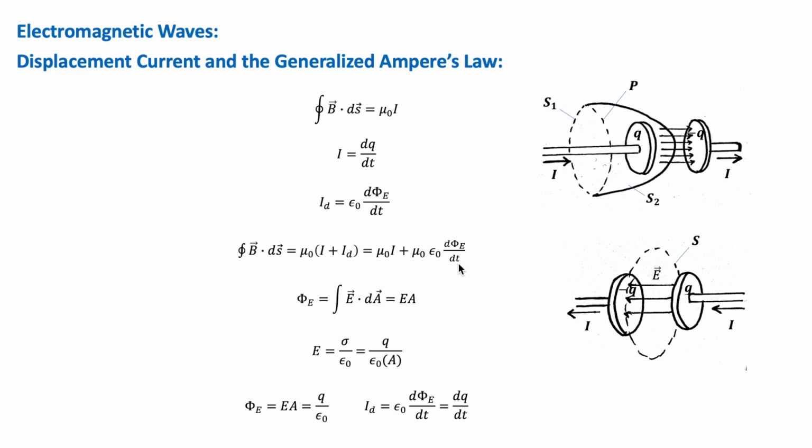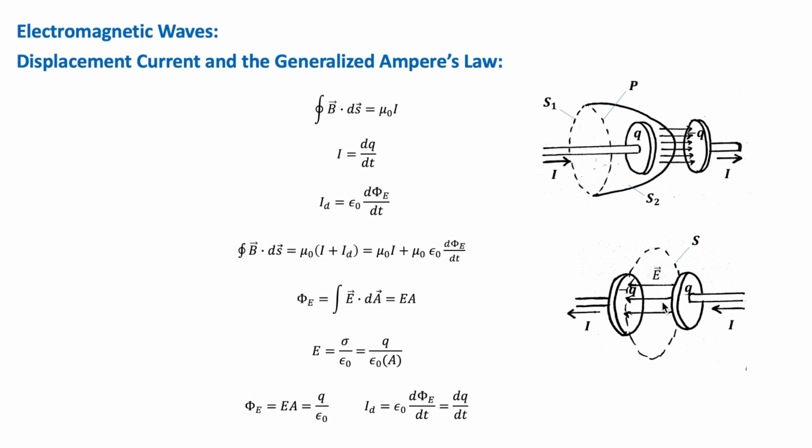So let's consider now the surface S here shown. The electric flux through this surface is equal to EA. So A is the area of the capacitor plates, and E is the magnitude of the uniform electric field between the plates, okay?